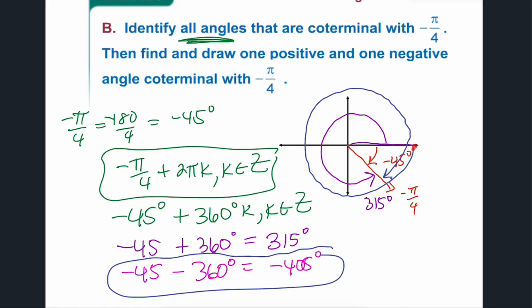Let me show you again. I started at 0. I went down 360, then 45 more, because I have to land at the spot that was given. So that is negative 405. So to find a positive, add 360 till it gets positive. To find a negative, subtract 360 until you get a new negative.